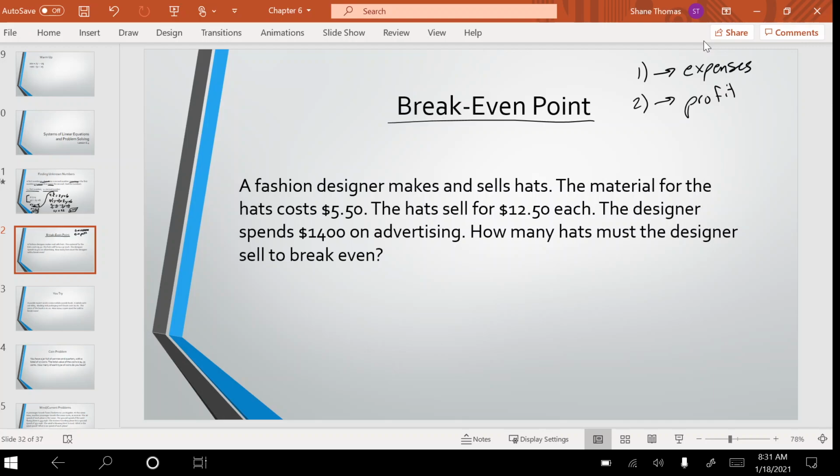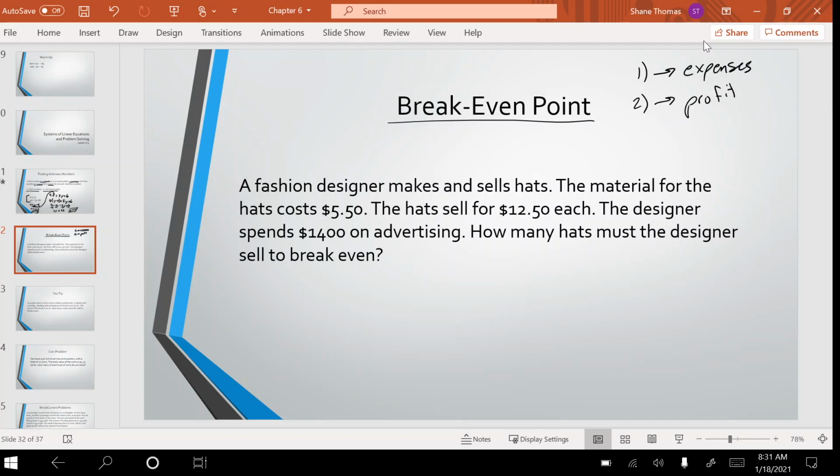Okay, those are what your two equations are going to be. First one, expenses all need to be factored into whether there's stuff with advertising or startup fees and those types of things, plus whatever it costs to make your product. And then the second one will be profit. How much money are you making? So those are your two equations.